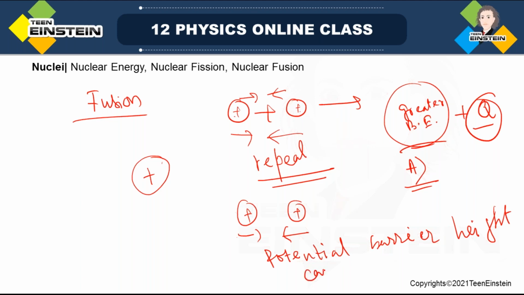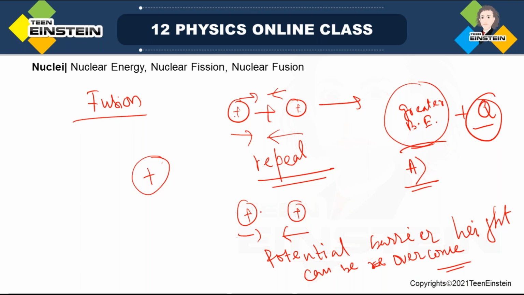potential barrier height can be overcome. So that much energy is required.